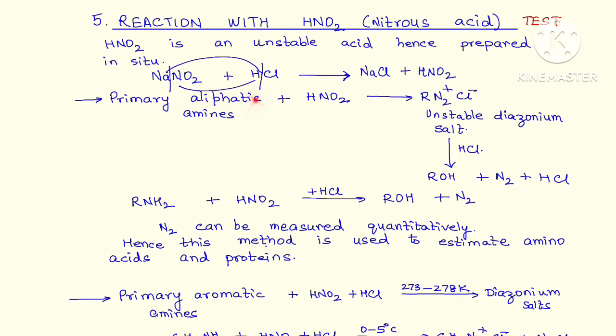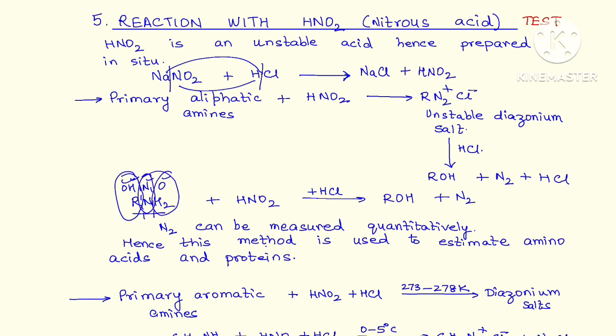Primary aliphatic amines with nitrous acid. Primary aliphatic amines means I've got RNH2. Easy way to remember. So you have OH, N, O, this is my nitrous acid, HNO2. What do I form? ROH, nitrogen, water.